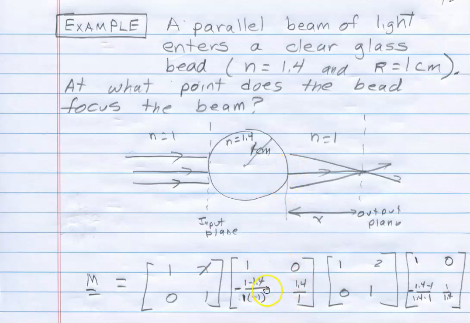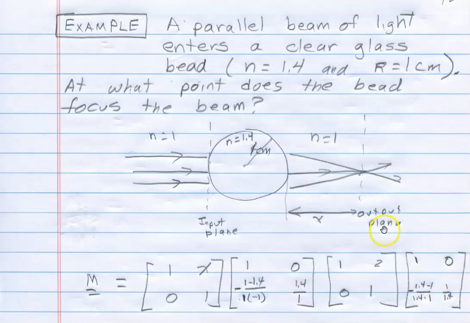That's this refraction matrix. And then finally I have to translate a distance x behind it to get to that output plane. So I wrote these in reverse order when I wrote them down. I started here, that's to here, to here, to here, and that gets me over to this point. So even though you're building it from left to right, you enter these from right to left.